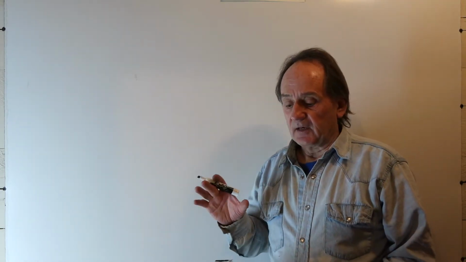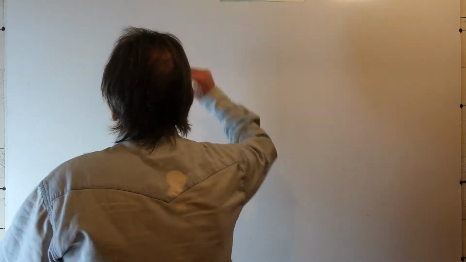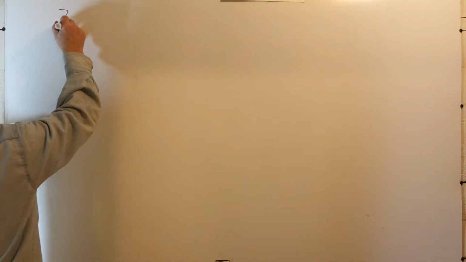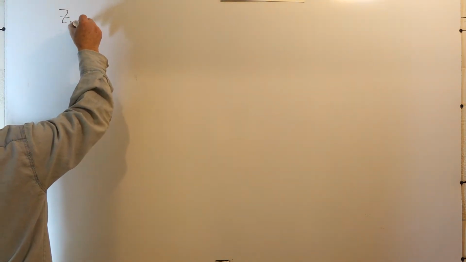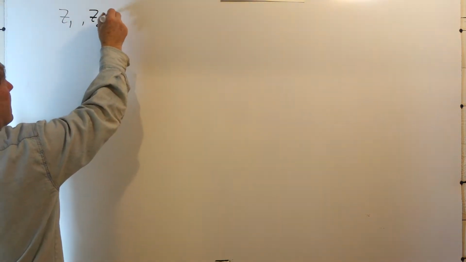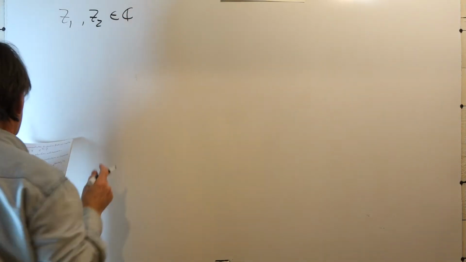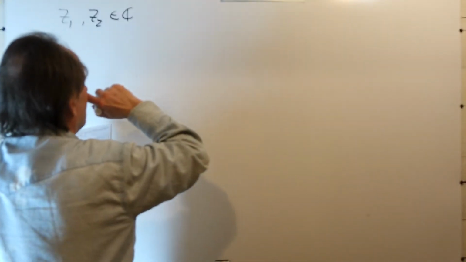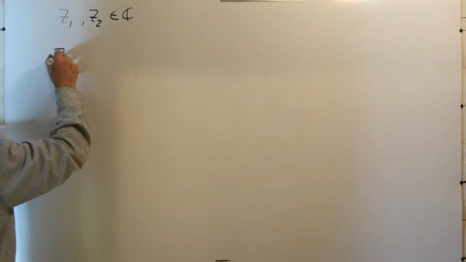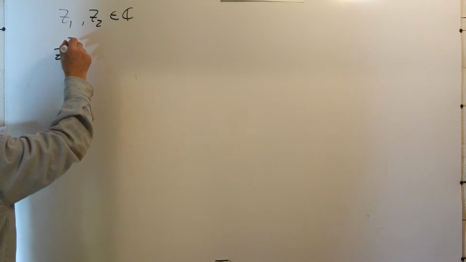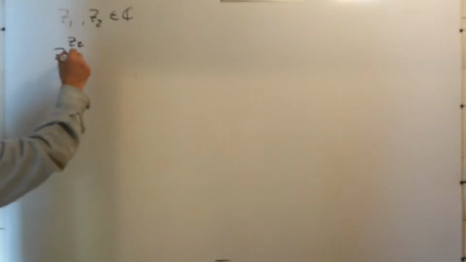Now we've arrived at the point where we can extend exponentiation to powers that are complex. We're going to take a complex number base to a complex power. So we'll start off here: z1 and z2 are elements of the complex numbers. They belong to the complex numbers. So what is z1 raised to the z2 power?